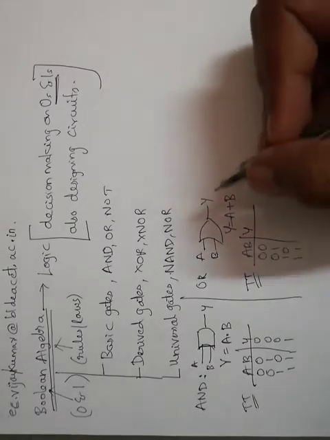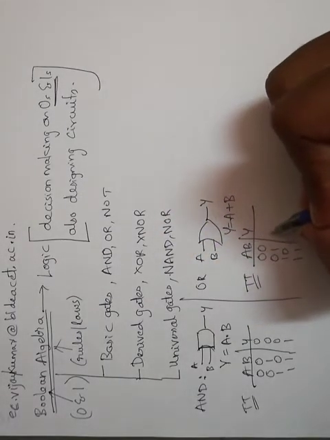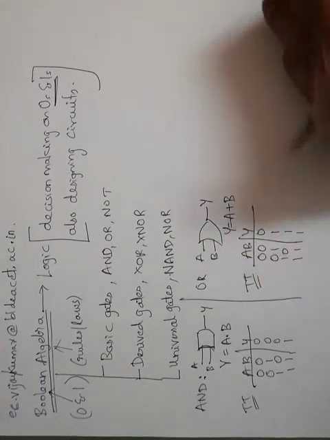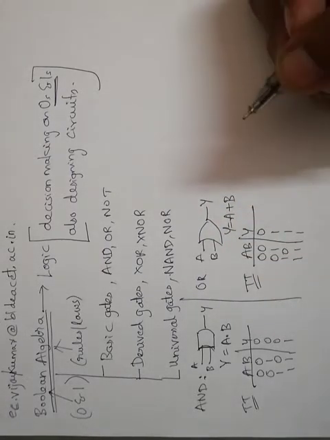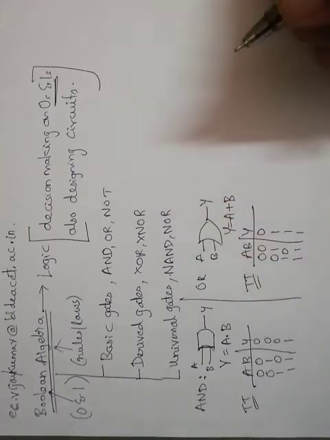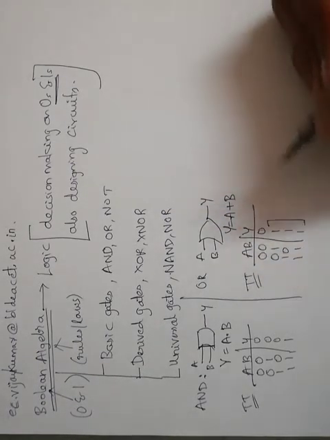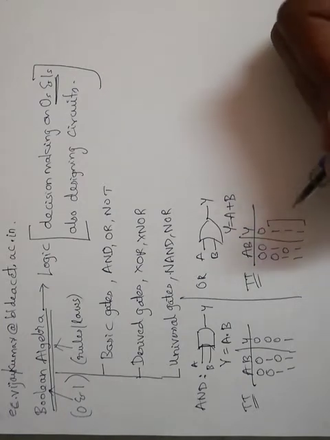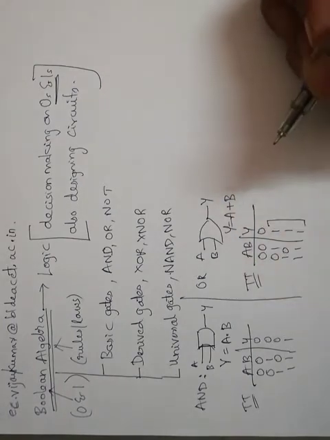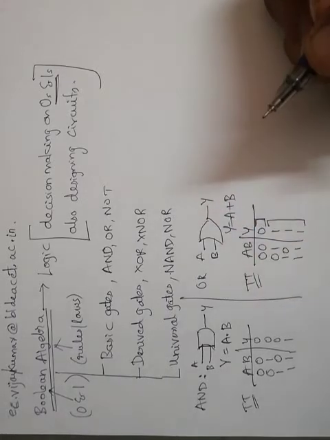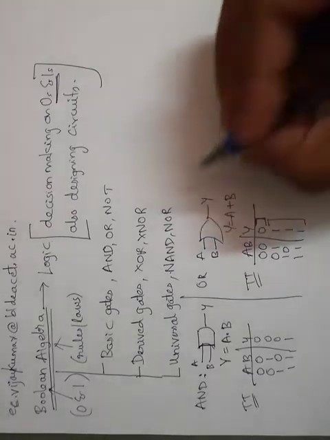The logic of the OR gate is y is 1 if any of the inputs is 1, 0 if both the inputs are 0. We can remember either of the sentences. Output of the OR gate is 1 or high if any of the inputs is high, or another way of remembering is the OR gate has its output 0 if both the inputs are 0.